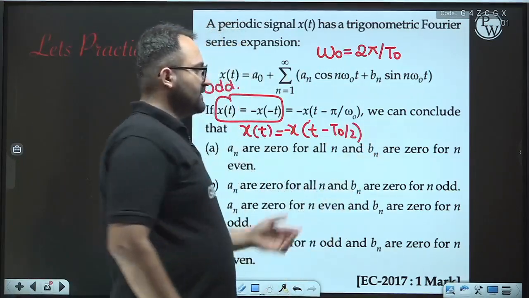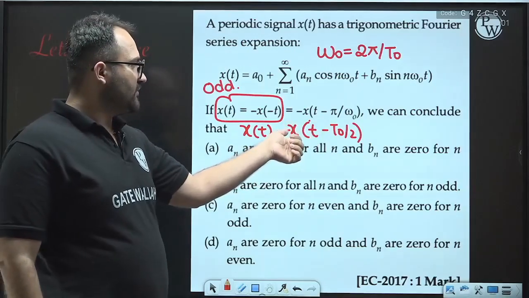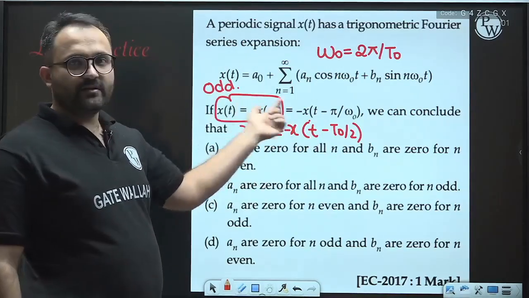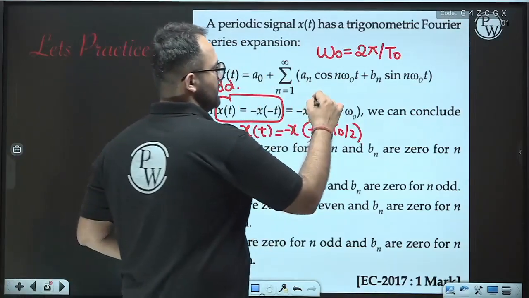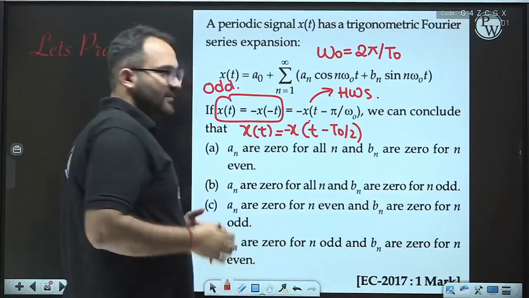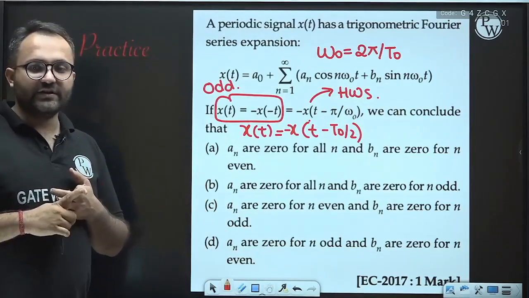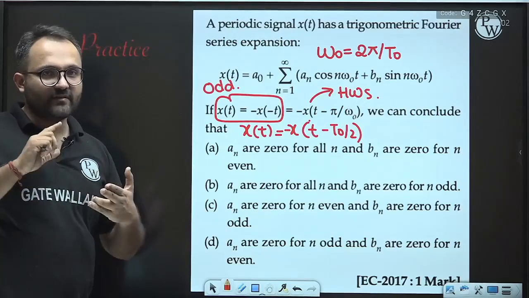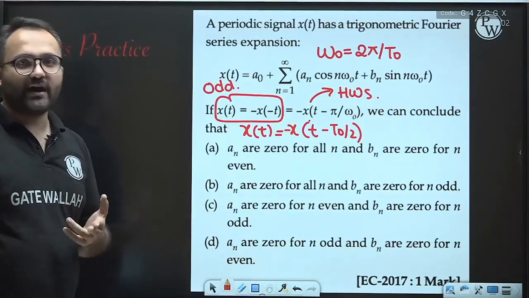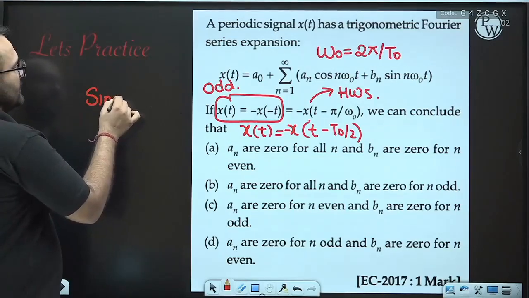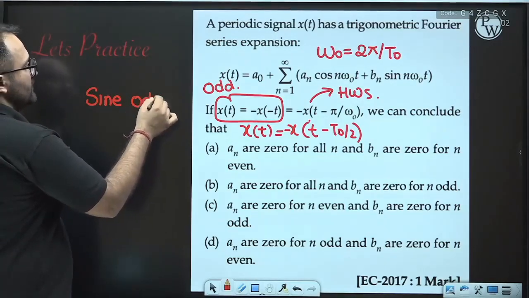So if we shift the signal by half time period, it becomes minus the original one. So this signal has odd symmetry and half wave symmetry. Odd symmetry means it will not have the DC term. Half wave symmetry means it will have odd harmonics only. So this signal will have sine odd harmonics.